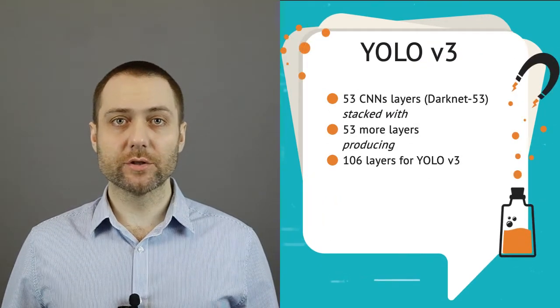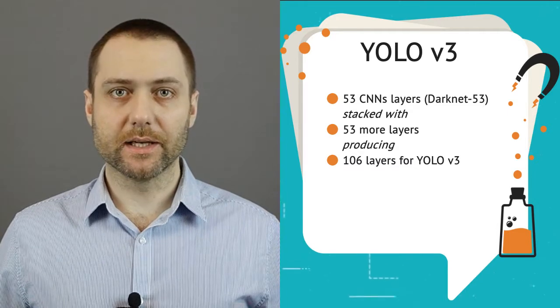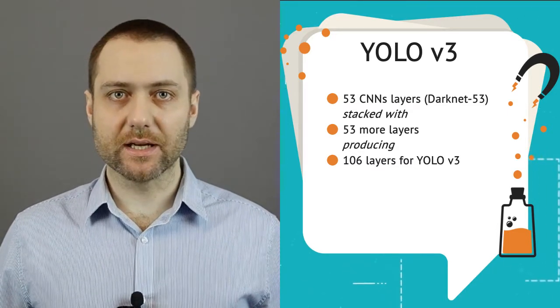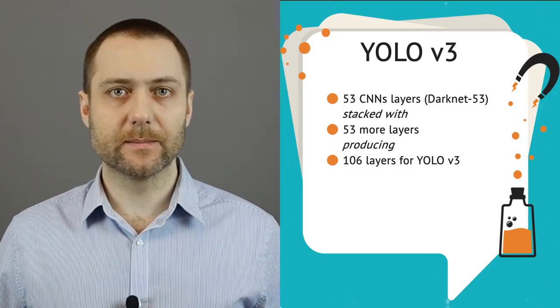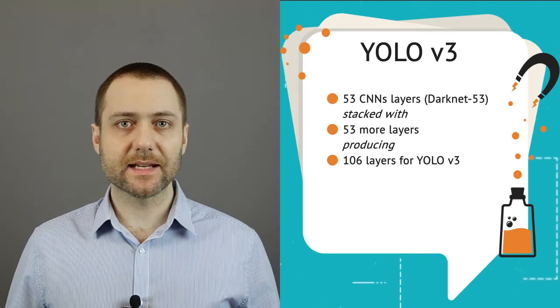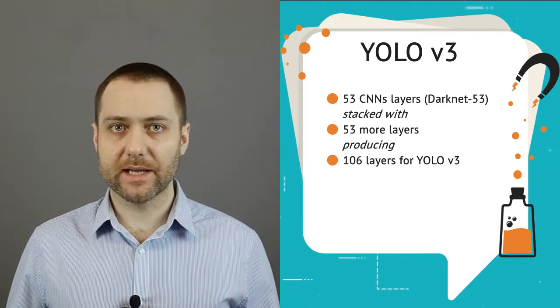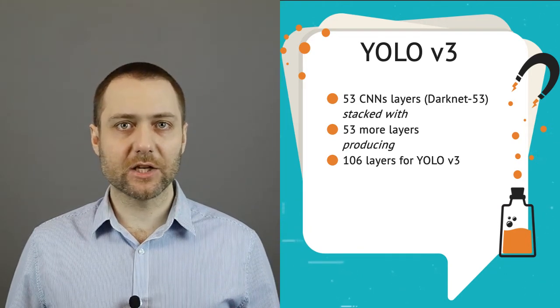YOLO uses convolutional layers, and YOLO version 3 originally consists of 53 convolutional layers that are also called darknet 53. But for detection tasks, original architecture stacked with 53 more layers that give us 106 layers of architecture for YOLO version 3.